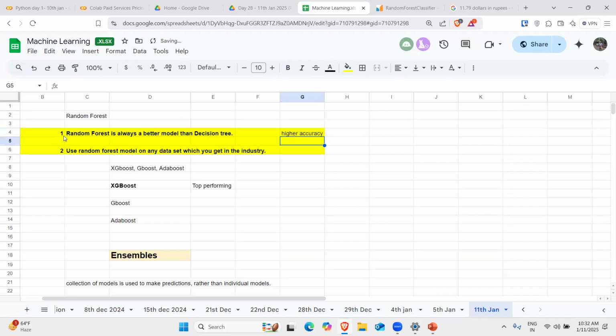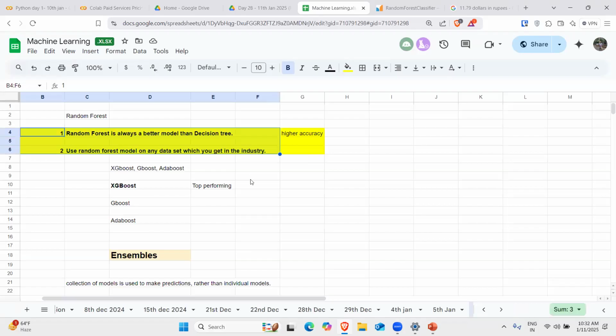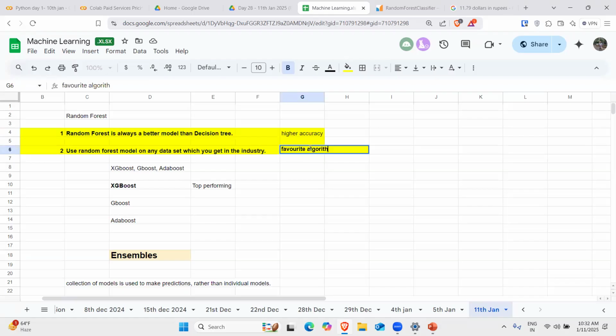So that's why it is considered one of the good-to-go models directly, without having a look at your data types, and without an in-depth notion of your data, right? People in the industry directly follow random forest. Let's apply random forest on this. It's kind of a favorite algorithm, you can say, for the people in the industry, right?